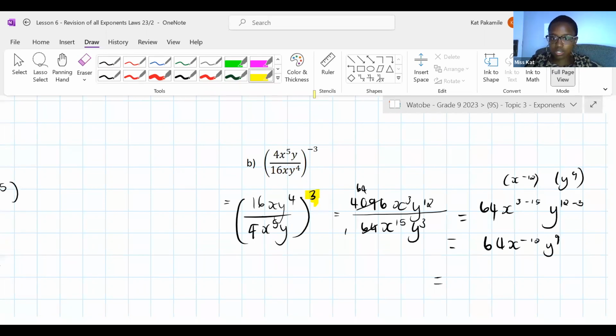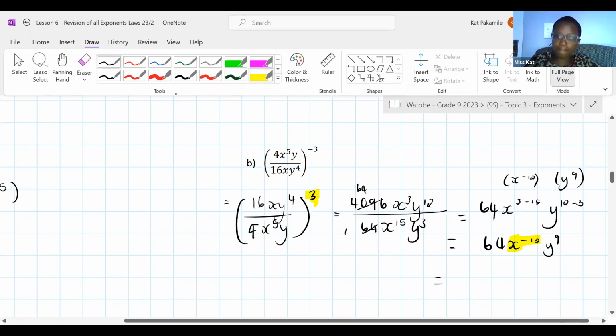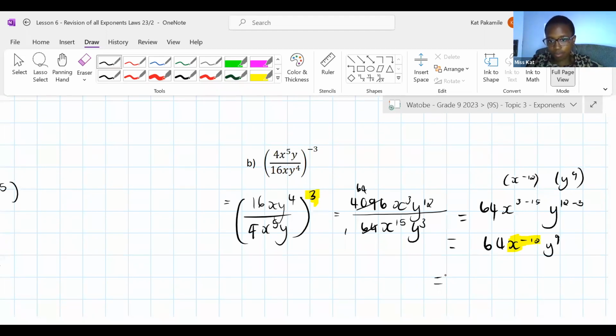This exponent is only attached to x, right? Oh, okay. Yes. So it's going to be 64 and 1 over x to the power of 12, and y to the power of 9.